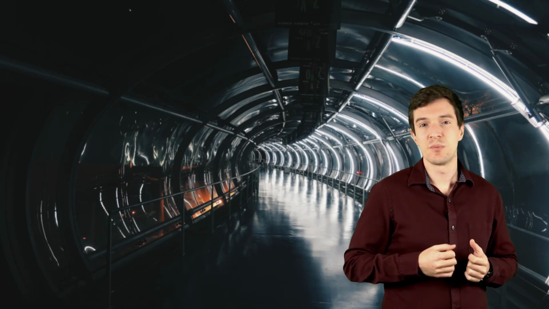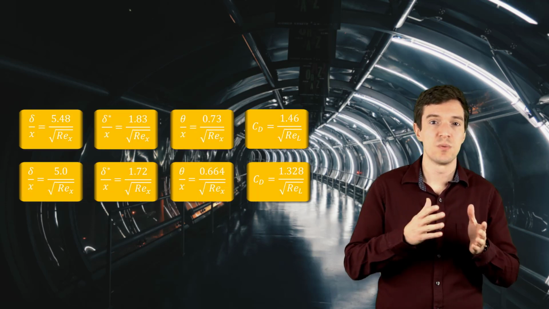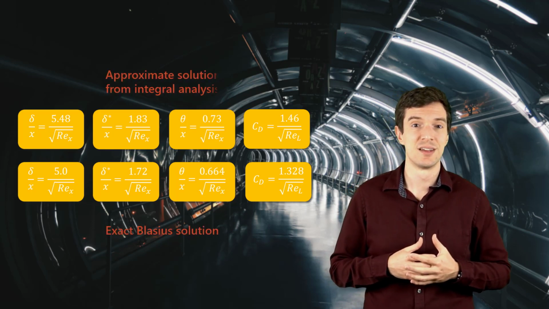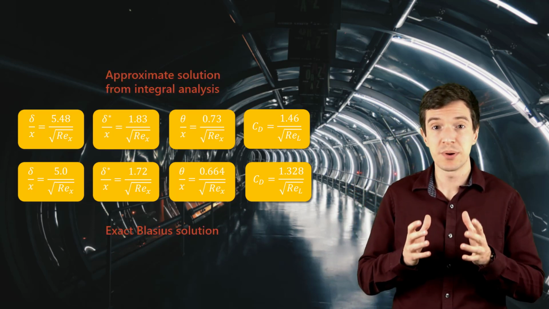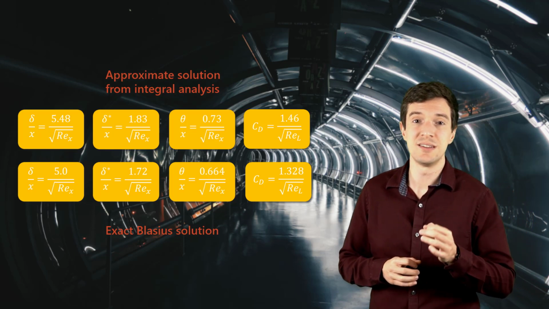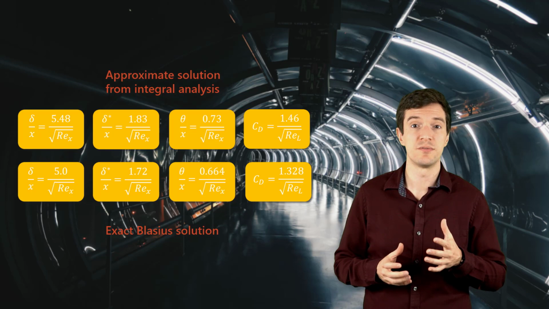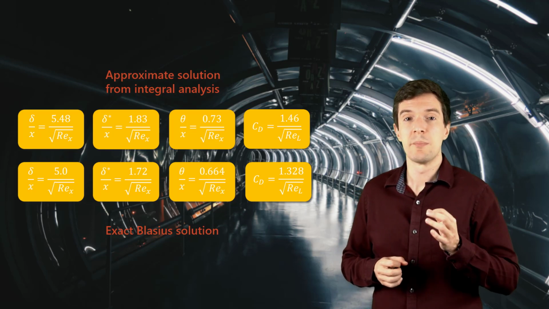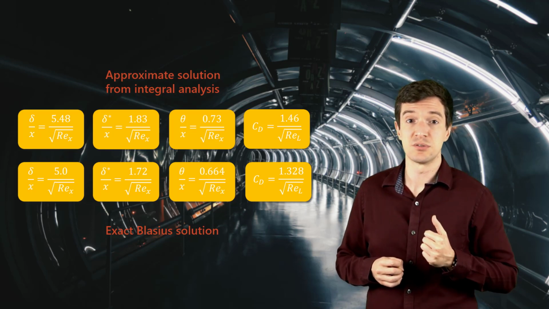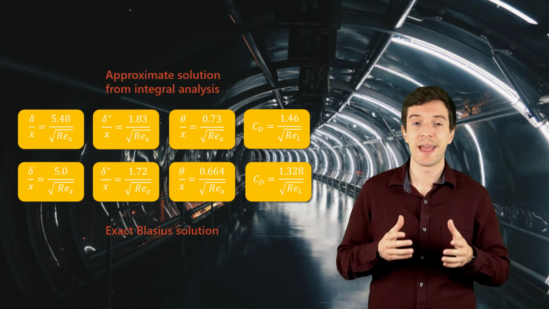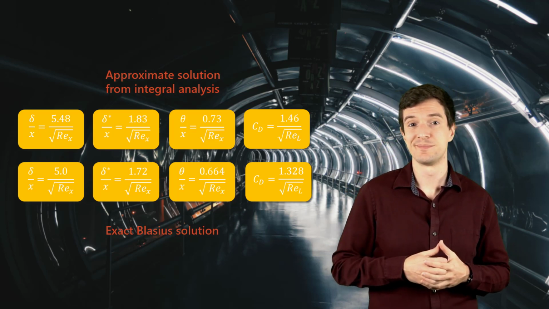It is interesting to compare the exact solution with the approximate solution from the integral analysis. The relations are pretty close to each other. Indeed, the integral analysis is within 10% of the exact solution, but unlike the Blasius solution, these values were obtained without any complicated math.